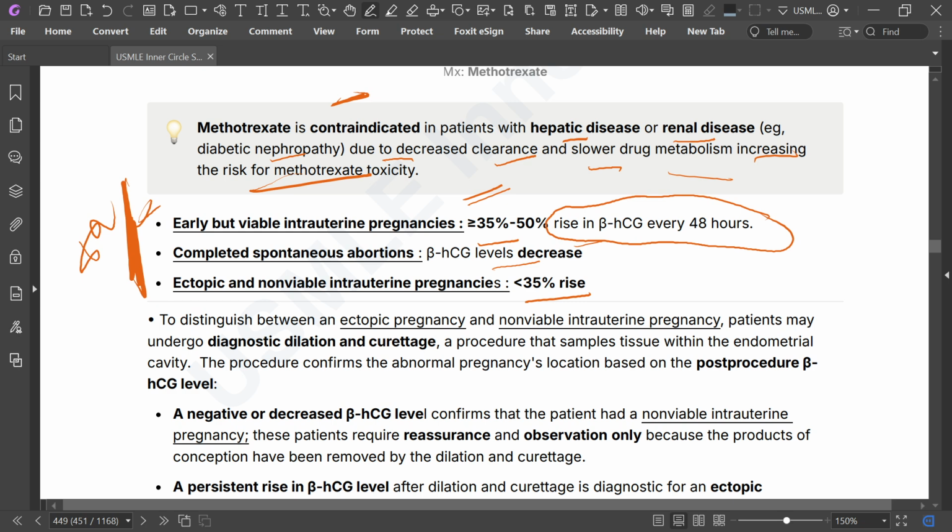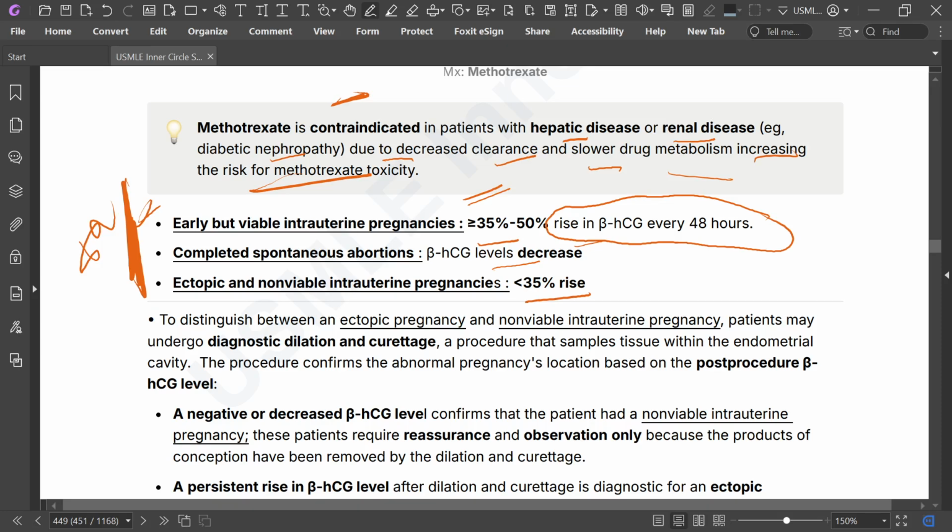Methotrexate management requires close surveillance and follow-up with serum beta hCG level to ensure resolution of the ectopic pregnancy. A baseline beta hCG level is drawn on the day methotrexate is administered, day 1. Levels are then drawn on day 4 and day 7.